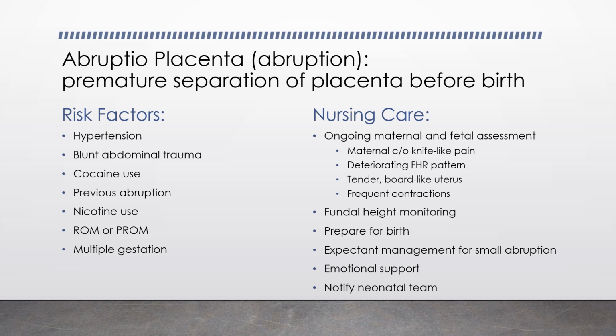For small abruptions, when mom and baby are both stable, we usually see expectant management, so watching and waiting. And this is all abnormal. Moms are probably really scared. They're afraid for the well-being of their fetus and for their own well-being. So providing that emotional support for these patients.